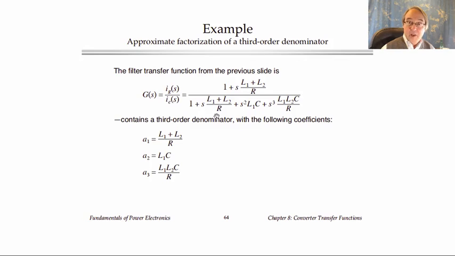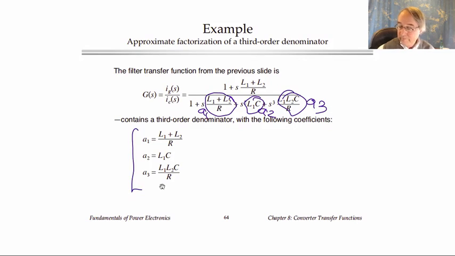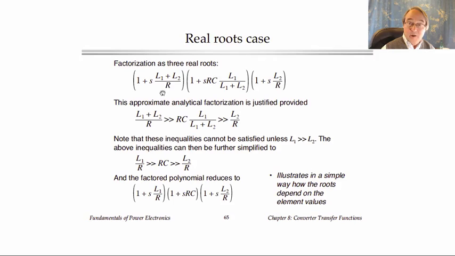So if we apply our approximate factorization method, we identify that this is a1, this here is a2, and this is a3, which is noted here. And with that, we can now apply the factorization method. If the roots are real and well separated, then here is what the factorization will be.